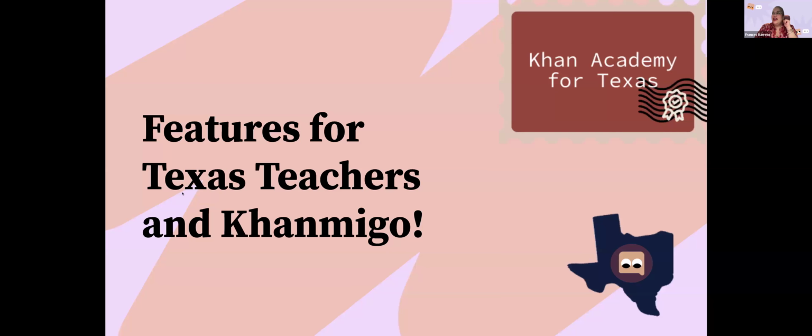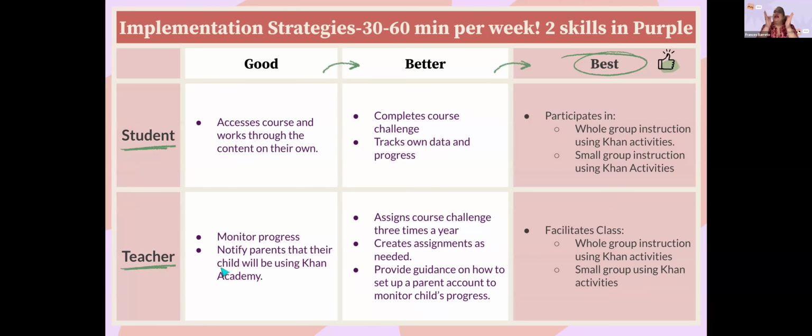So now we would like to wrap up with some ideas for implementation. Here you have a matrix on good, better, and best ways to implement Khan Academy. As a reminder, those 2 skills to proficient per week is what we really want to aim for students.